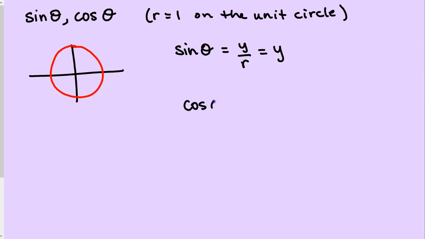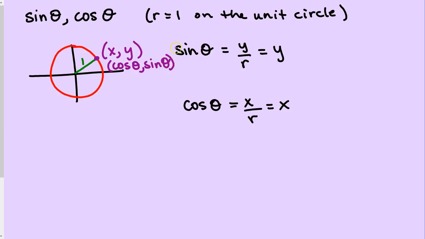And if you're asked for the cosine of the angle, because the cosine is x over r, but r is 1, it's just going to be x on the unit circle. So if you're on the unit circle, radius 1, every point's coordinates, x, y, are actually just cosine, sine. So when you're on the unit circle, the x coordinate is the cosine, the y coordinate is the sine. That's a really simple way to remember it.